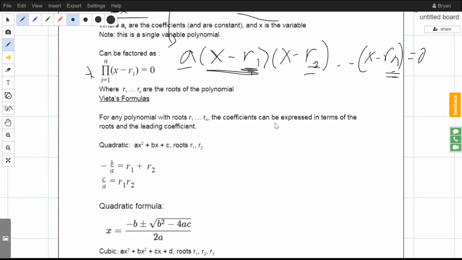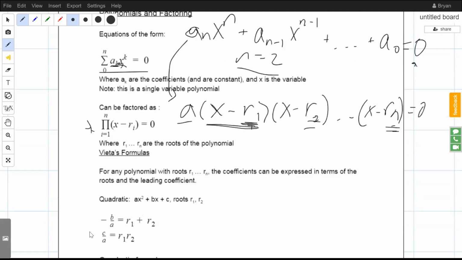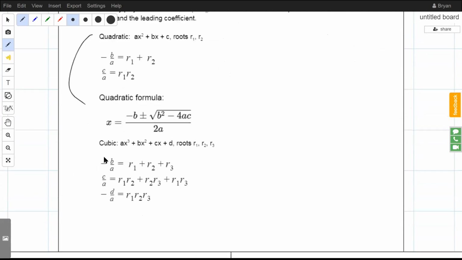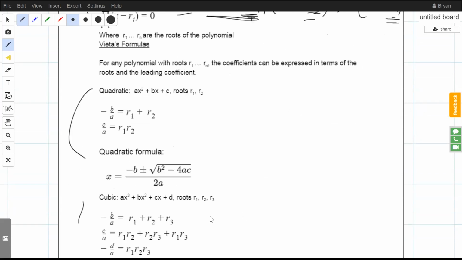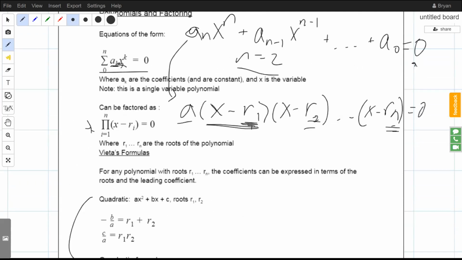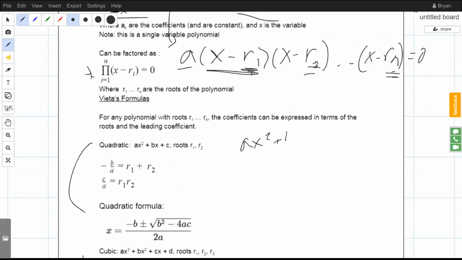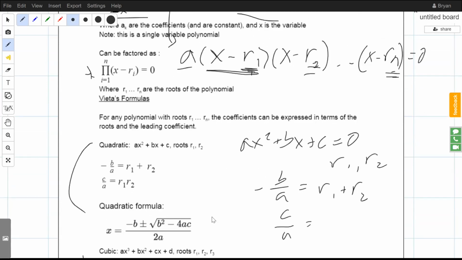So Vieta's formula can be generalized for any polynomial of any degree, but quadratic and cubic are the most common ones. We basically have for any quadratic of the form ax squared plus bx plus c equals 0 that has roots of r1 and r2, then we have negative b over a equal to r1 plus r2, and c over a equals r1 times r2.